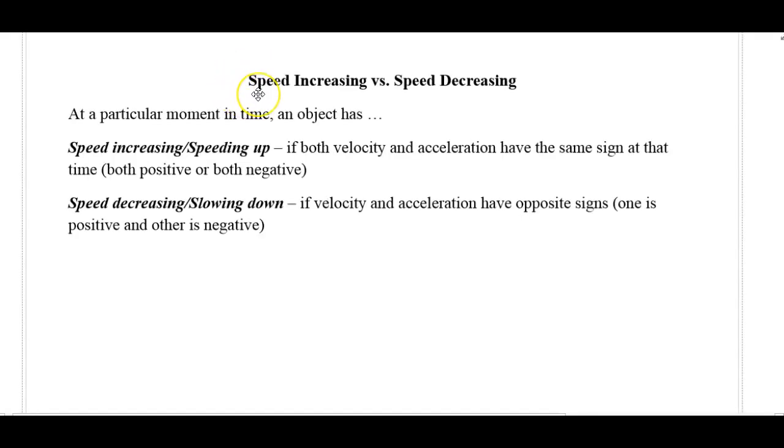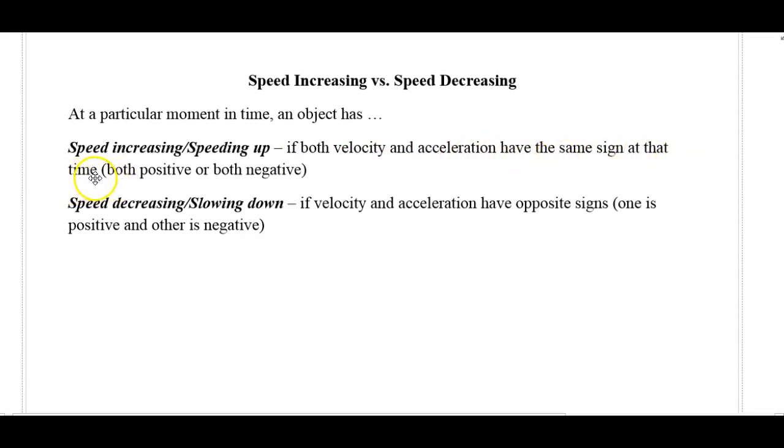Alright, so now we're going to talk about the speed of an object increasing versus the speed of an object decreasing. So we're still thinking about an object moving along a horizontal or vertical line. Now, at a particular moment in time, an object has speed increasing, or is speeding up, if both velocity and acceleration have the same sign at that time.